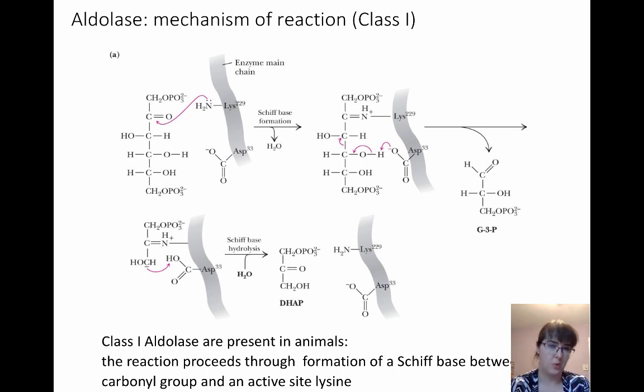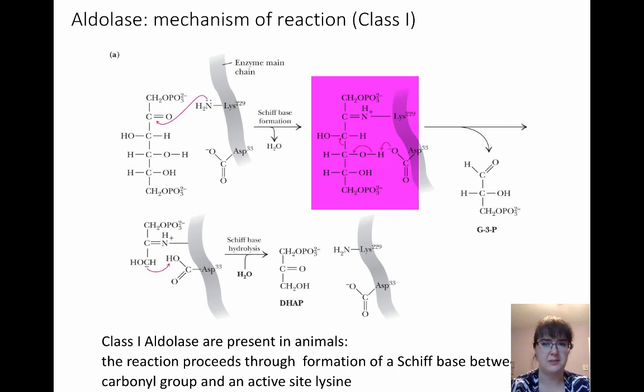In class 1, you're going to have a lysine residue on your enzyme play a really important role in forming a Schiff base to that substrate. So here we actually have a covalent mechanism. There is a covalent bond formed between the enzyme and the substrate itself.